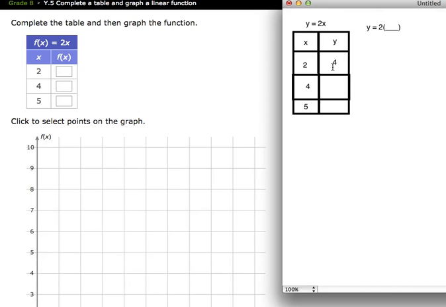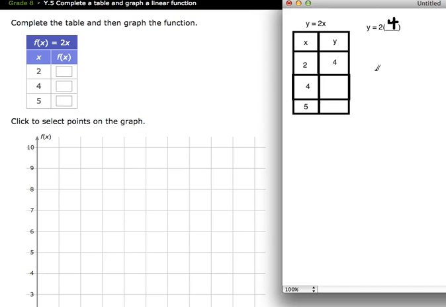And then I do that for the other boxes as well. I say, okay, here I'm saying to myself, if x is 4, then I put 4 in this spot here. And y equals 2 times 4, so y equals 8. I can figure that out just because 2 times 4 is 8. So y equals 8 when I put 4 in here in the x spot. That means I know my answer here, it's got to be 8.